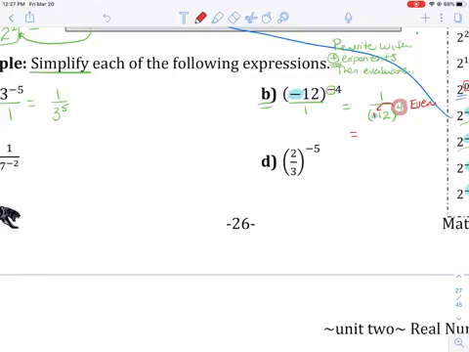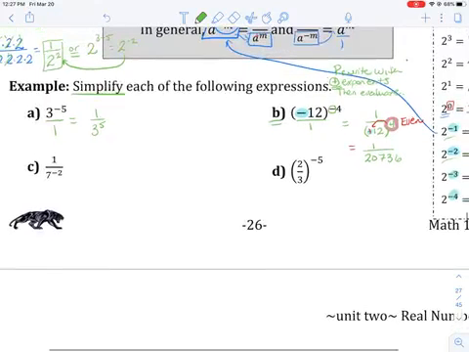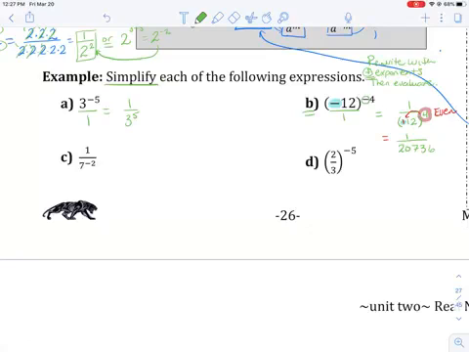What do we get? 12 to the power of 4, so 12 times 12 times 12 times 12, and our final answer here should be 1 over 20,736.